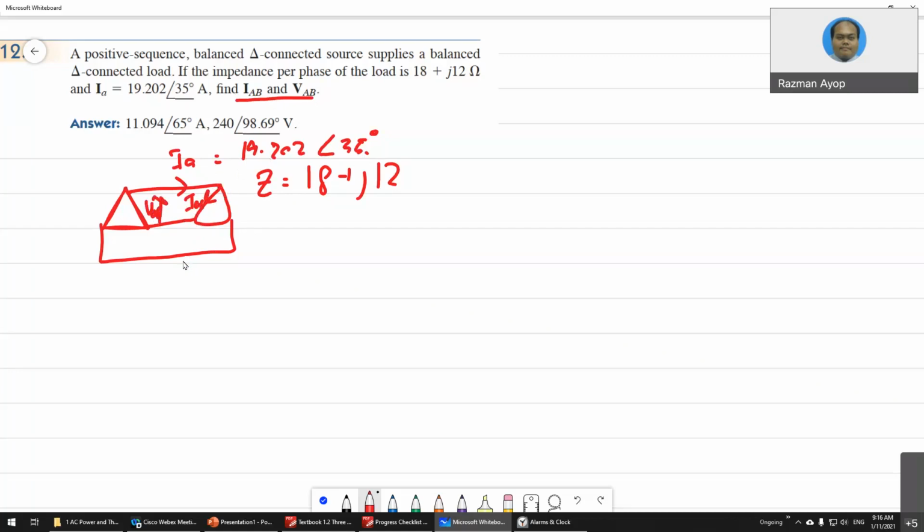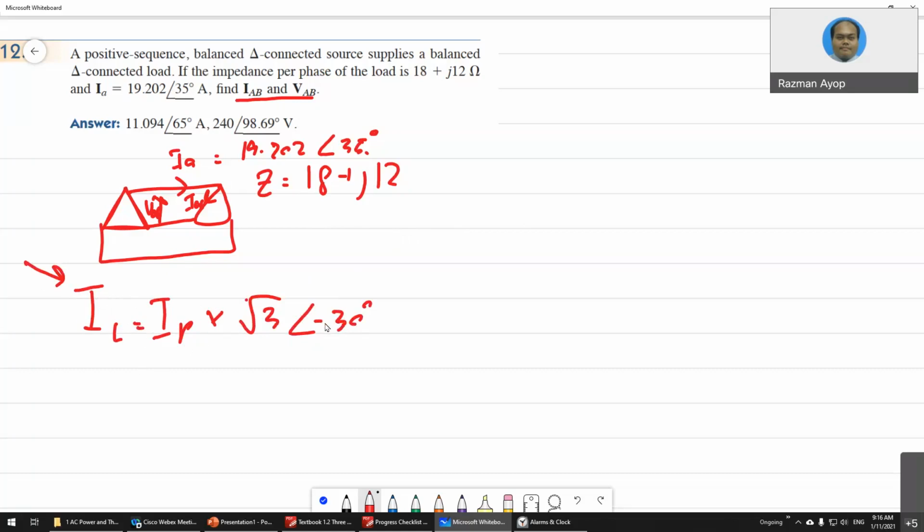This is delta connection, which means you have to use the formula. Remember, it says this is a balanced load, so IL equals I phase multiplied by square root 3 angle negative 30 degrees. Remember, anything that is delta uses this formula; anything that is star, you use the voltage formula.